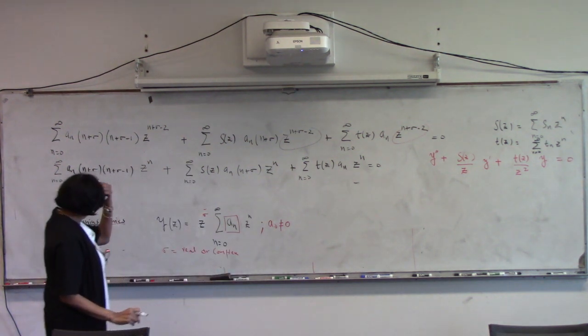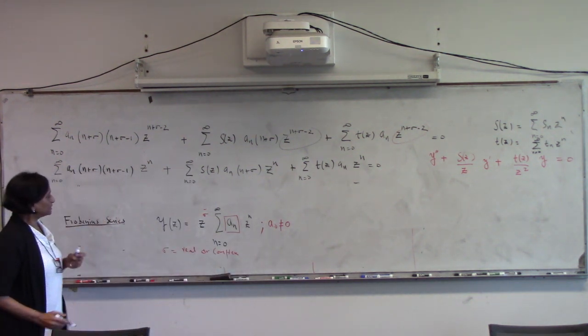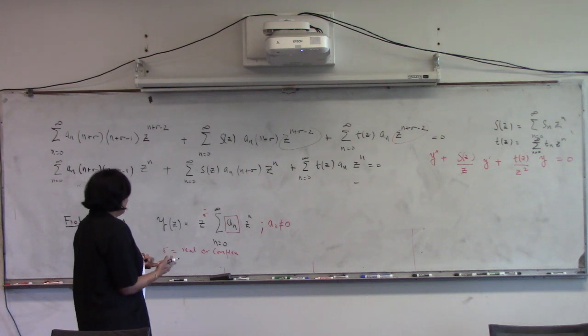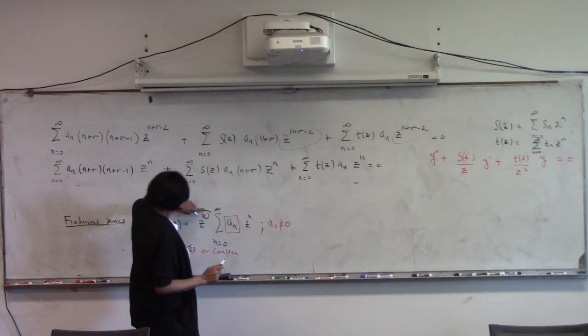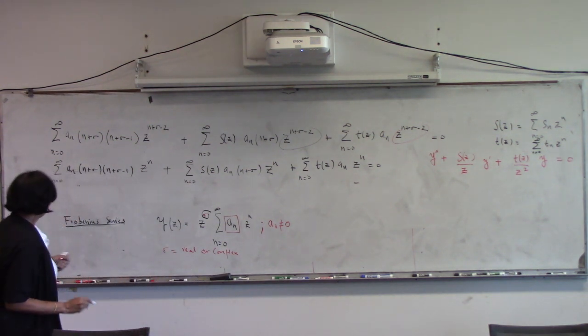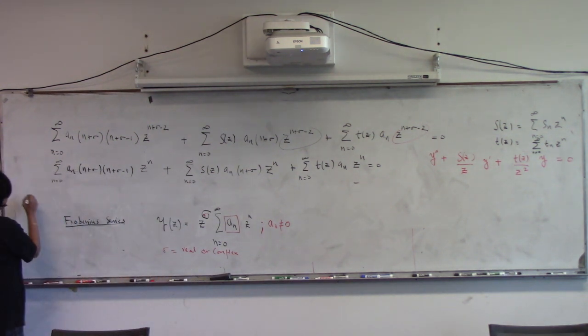So what can I say now? This is the expression I have, and from this expression I want to get an expression for sigma. I want to set up what is called the initial root equation.